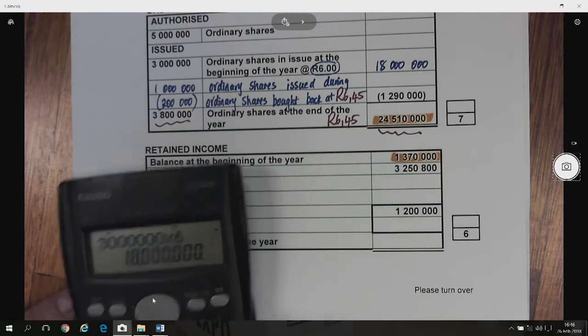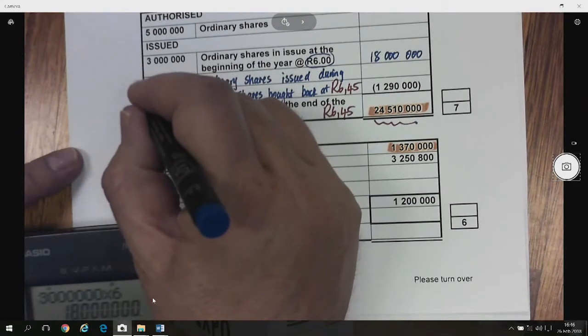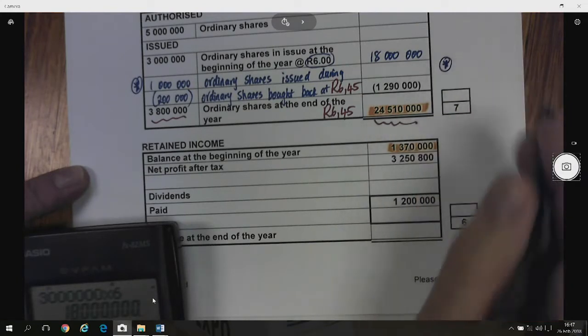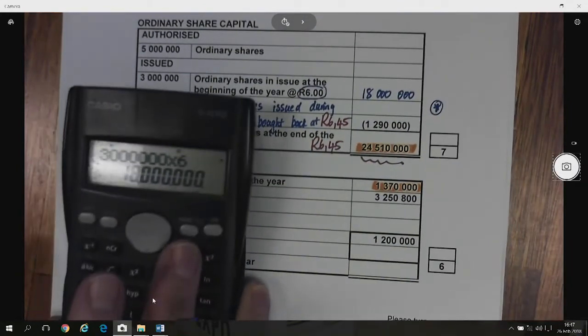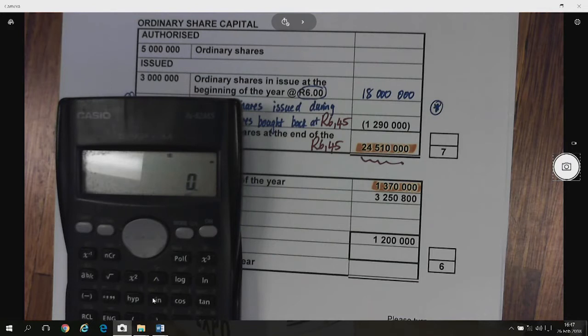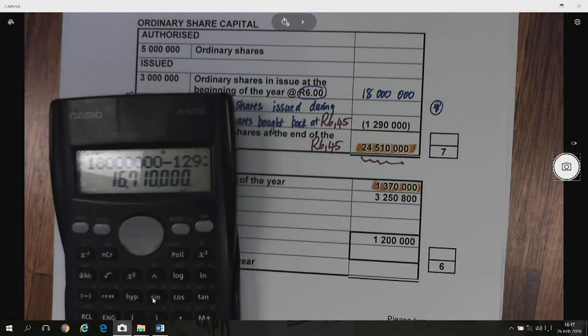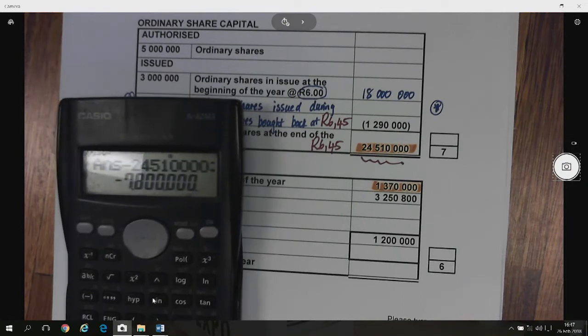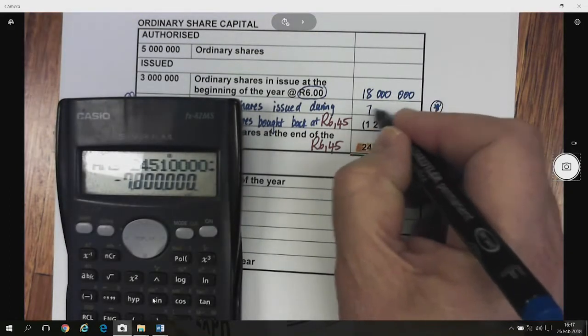Okay, can you see that this was our balancing figure on the left hand side, and this is our balancing figure on the right hand side. So you say 18 million, 1, 2, 3, 6 zeros there, minus 1,290,000, and your answer must be 24,510,000, so you can say minus 24,510,000, that gives you 7,800,000.